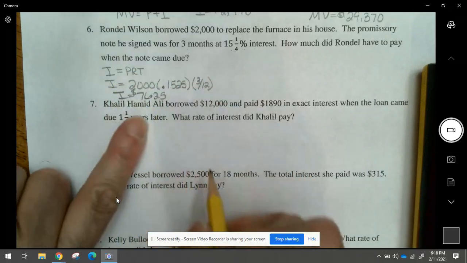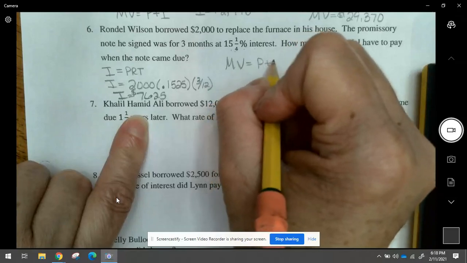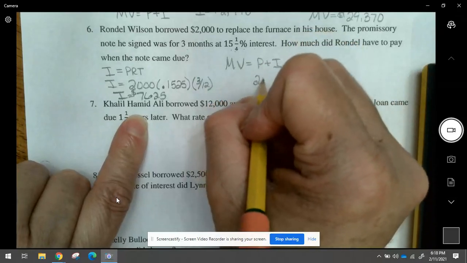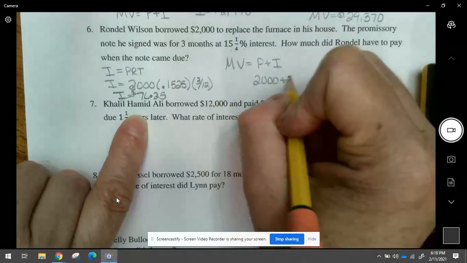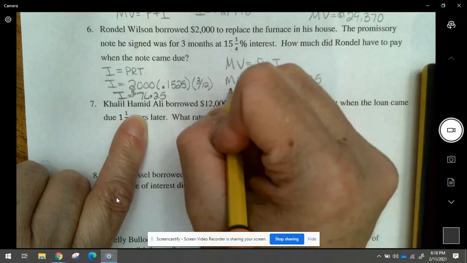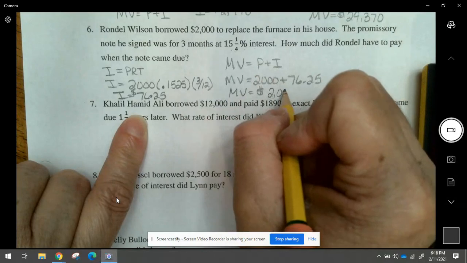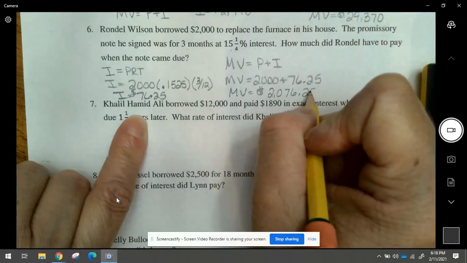It's always good to double check yourself. Okay, now the maturity value, P plus I, the principal was $2,000 plus the interest of $76.25. So maturity value here is $2,076.25.